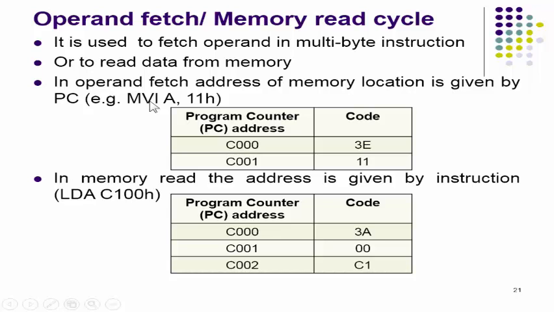In operand fetch, the address of the memory location is given by the program counter. Suppose you have written a program and the first instruction is MVI A, 11x. During execution, the address of the first byte of the instruction gets loaded in the program counter.